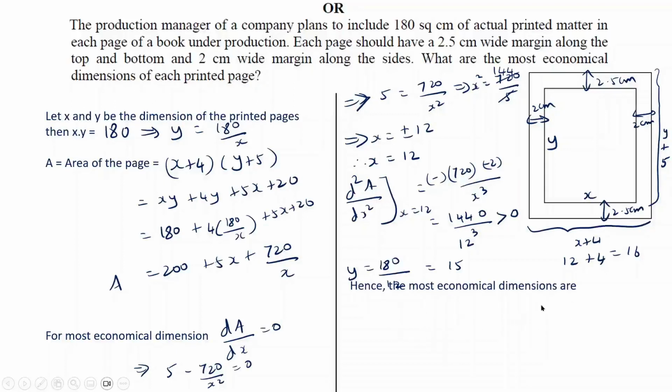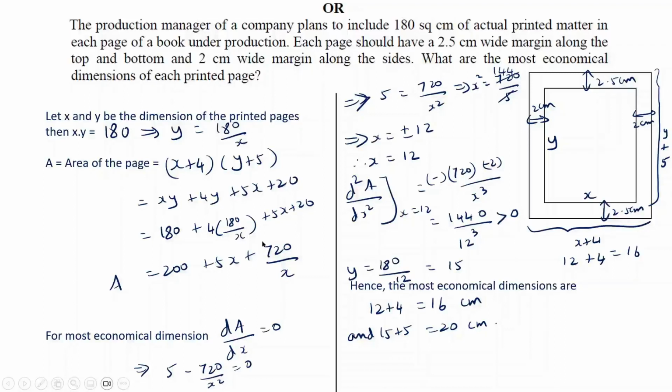Hence, the most economical dimensions are 12 plus 4 equal to 16 and 15 plus 5 equal to 20 centimeter. So these are the most economical dimensions.